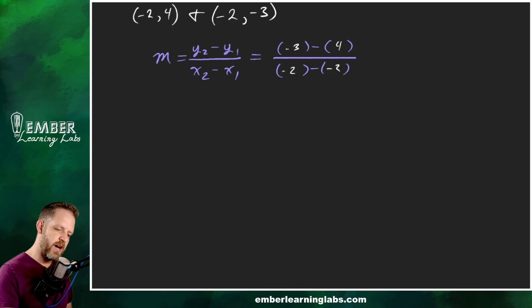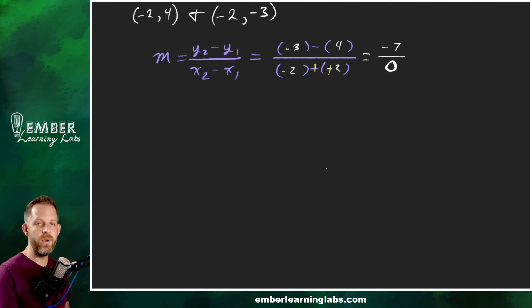So the top one, -3 minus 4: signs are the same, so we add and keep the sign. -7 over -2 minus -2, ka-chink, ka-chink. -2 plus 2 is 0. We can't divide by 0. Can't happen.